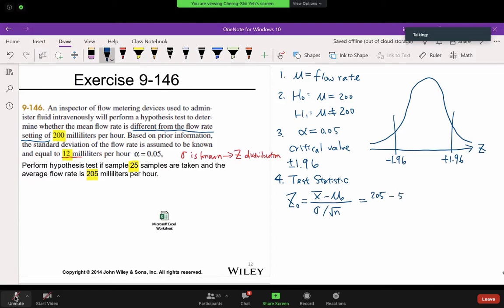Subtract we believe the population mean is 200. Divided by population standard deviation, given as 12. Divided by square root of sample size. Okay, that is my test statistic. Here my test statistic is 2.08.